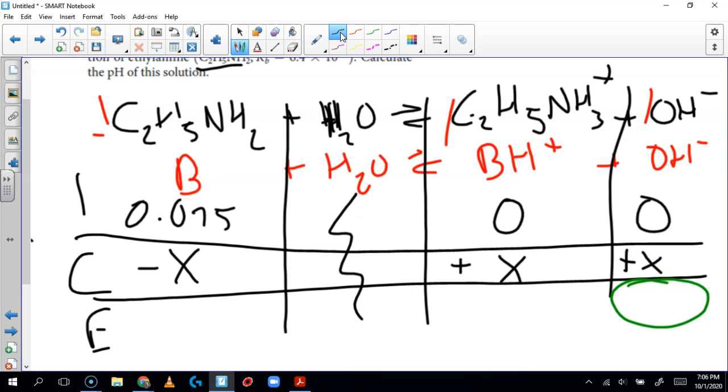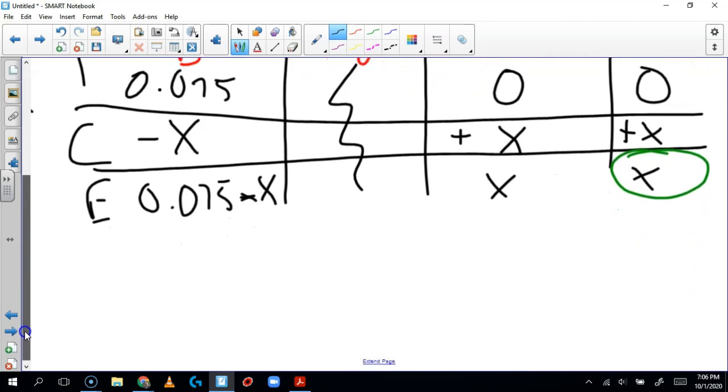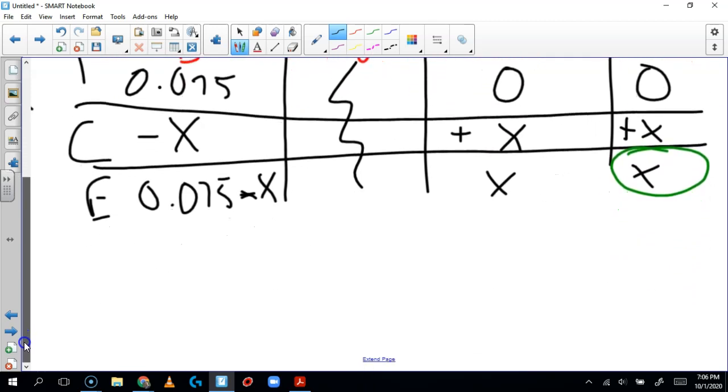And so at equilibrium, this is going to be 0.075 minus x, and this is going to be x, and this is going to be x. That doesn't get us the amount of hydroxide ion, but we're getting close.